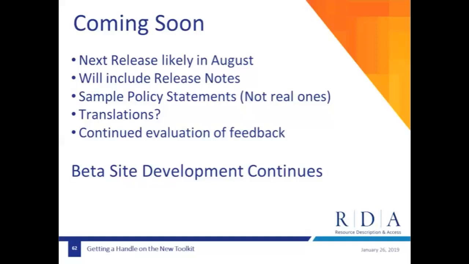And finally, just to repeat also what Kathy said, the beta site development continues. The site is not officially sanctioned for cataloging. We've had a lot of discussions within the RDA administrative structure about determining what is a suitable new toolkit for official use, and how to evaluate that.